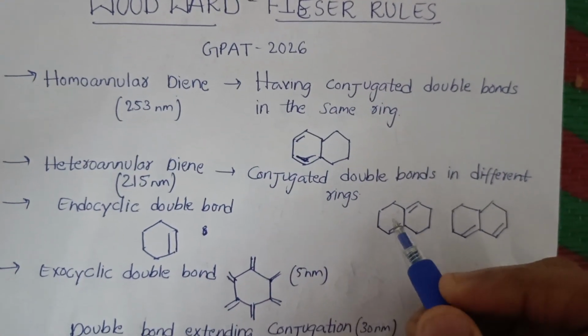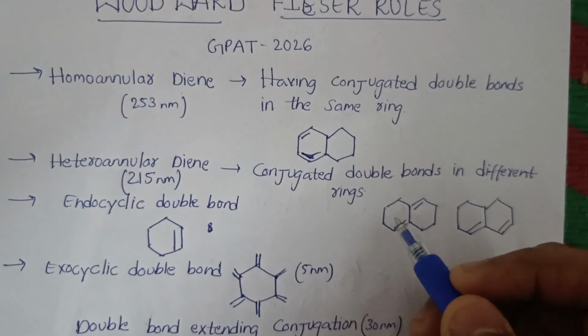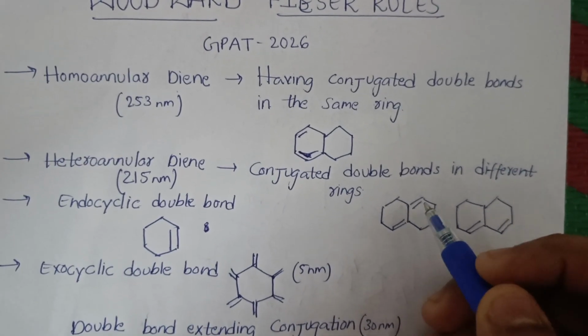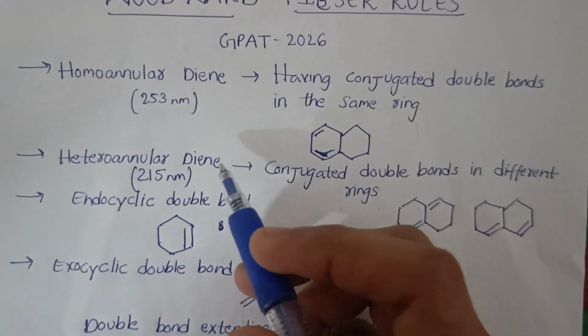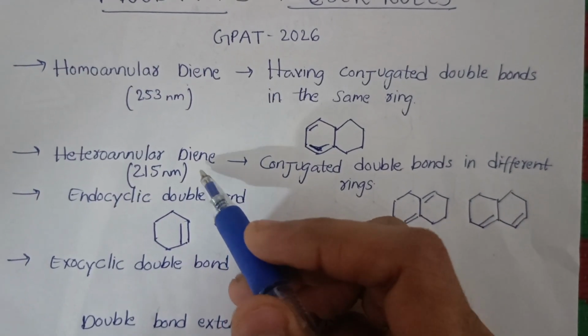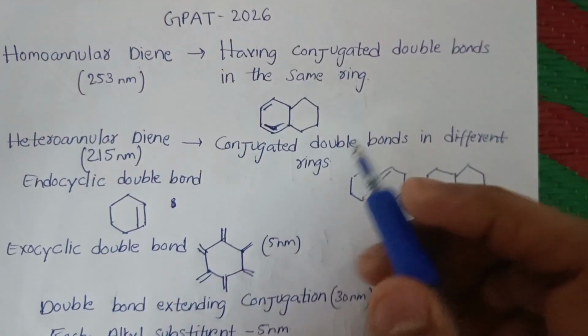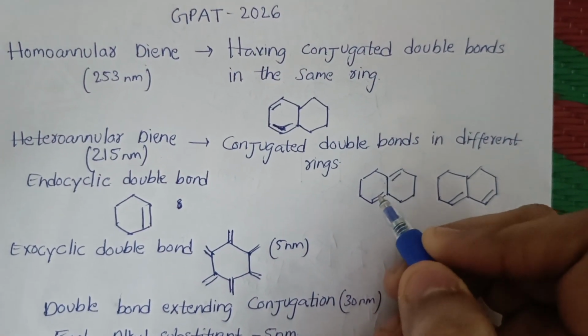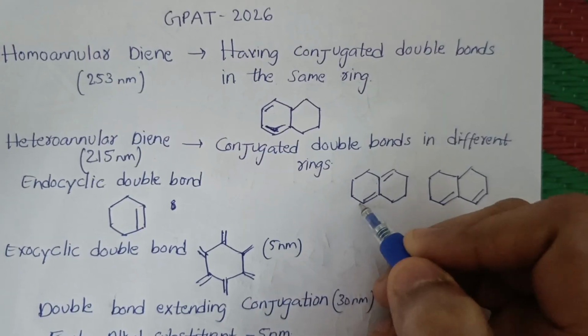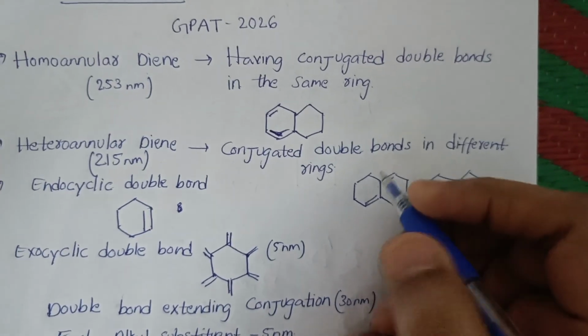When the same conjugated diene is shared between two cyclic rings, it is considered a heteroannular diene. And they gave 250 nanometers for heteroannular diene. Here you can see double bond, single bond, and double bond. These alternating double bonds are called conjugated dienes.